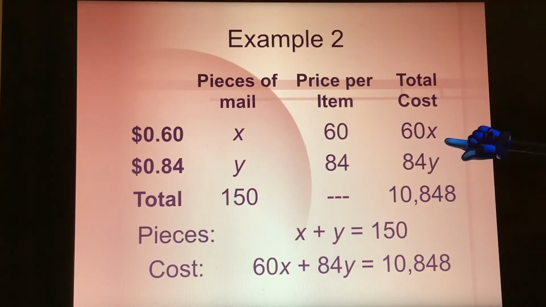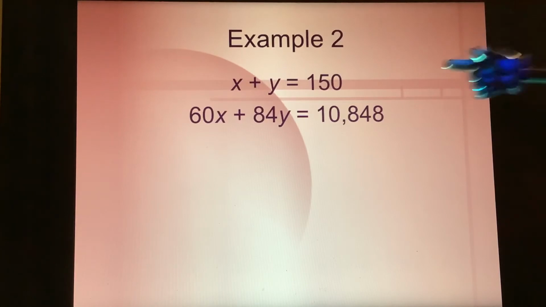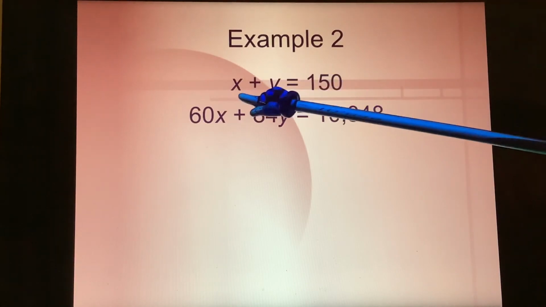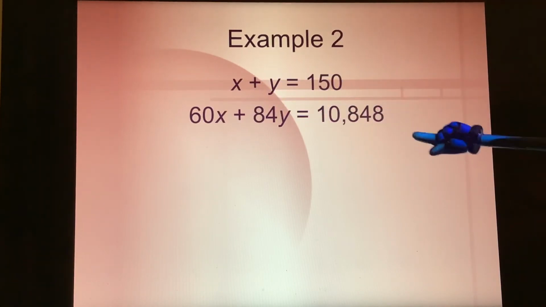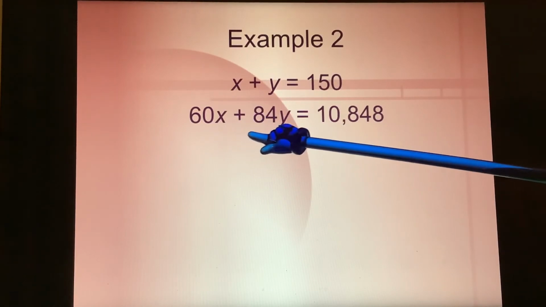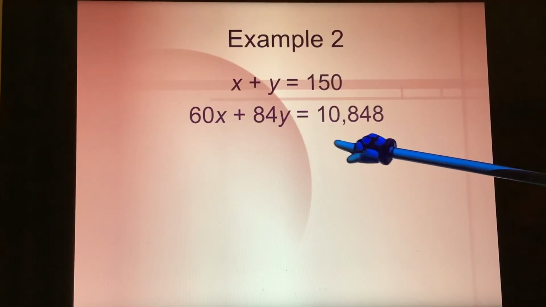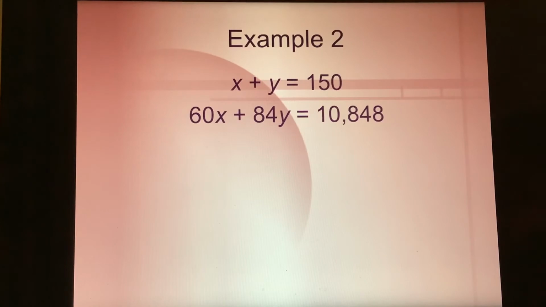These are cent amounts, okay? Then that way you don't have the decimals anymore and you don't have to deal with the decimals. Now, our equation, the pieces was x plus y equals 150. The cost was 60x plus 84y equals 10,848.